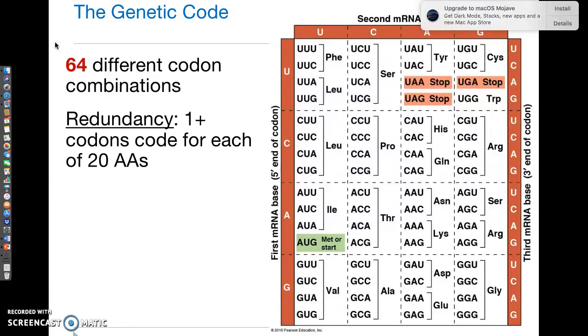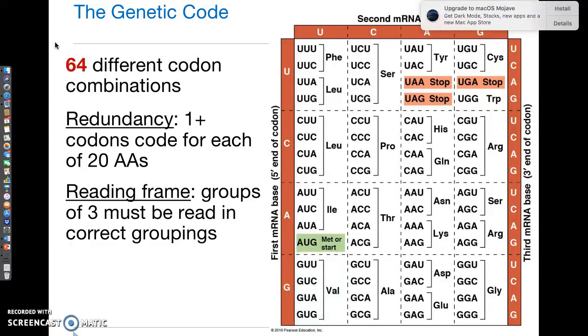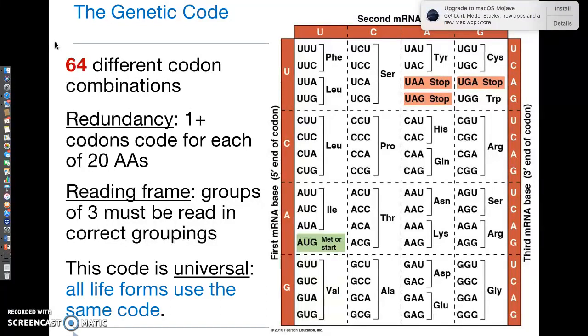Now, there's a little bit of repeat or redundancy. Sometimes you're going to have more than one 3-letter codon for an amino acid. And please note that you must read the mRNA strand in a reading frame of 3.